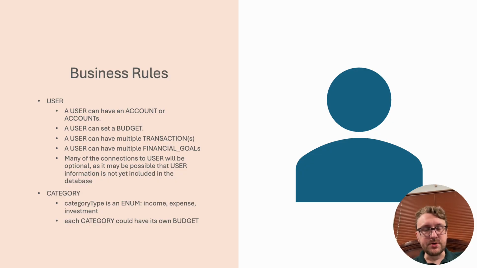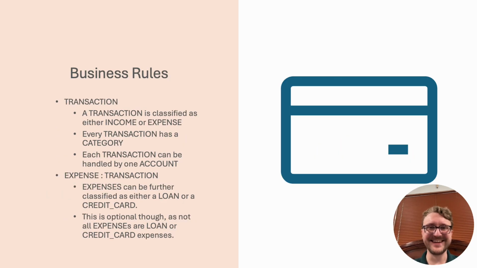And each budget should also have its own category, because it's likely that in reality you're going to say, okay, I've got like $300 for groceries this month or something like that. Getting a little carried away.